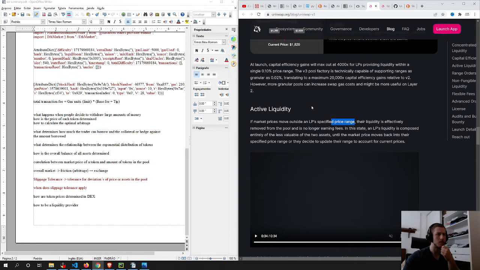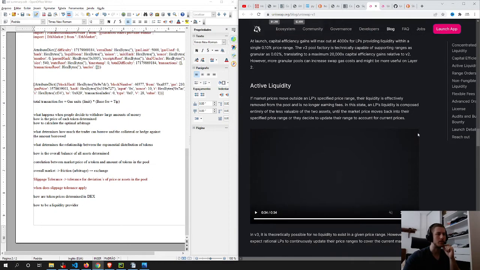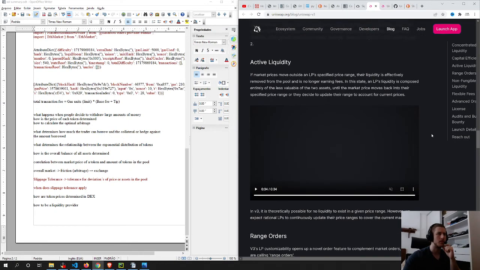In this state, an LP's liquidity is composed entirely of the less valuable of the two assets, until the market price moves back into their specified price range, or they decide to update the range to account for current prices. So they're pretty much setting the tolerance, which I think is the slippage, for the amount of deviation, the amount of risk they want to take.